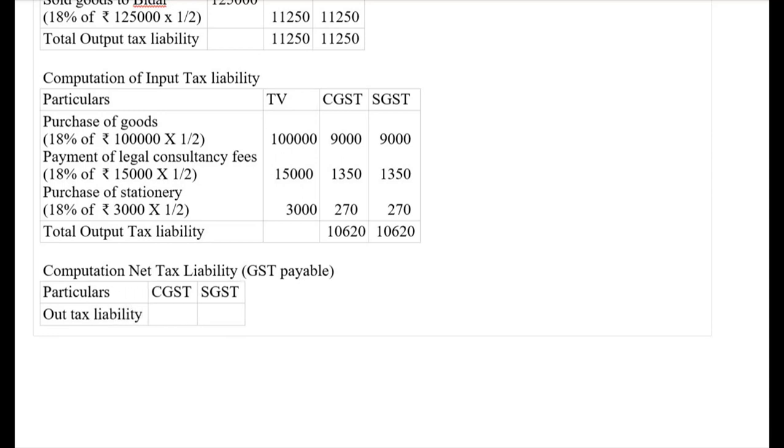So output tax liability, we have calculated as 11,250. From this we should subtract, less input tax liability.